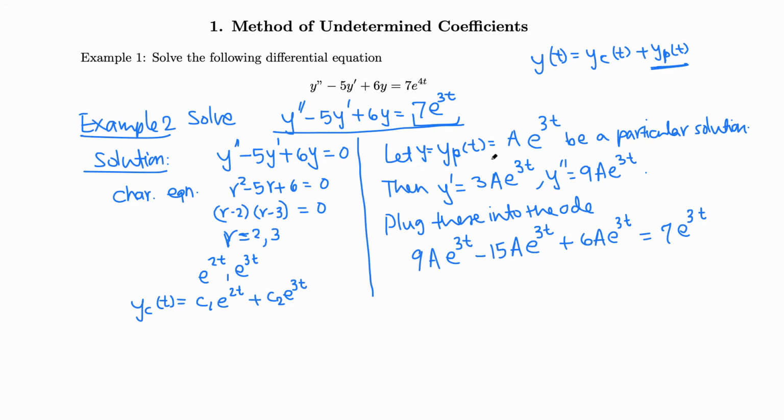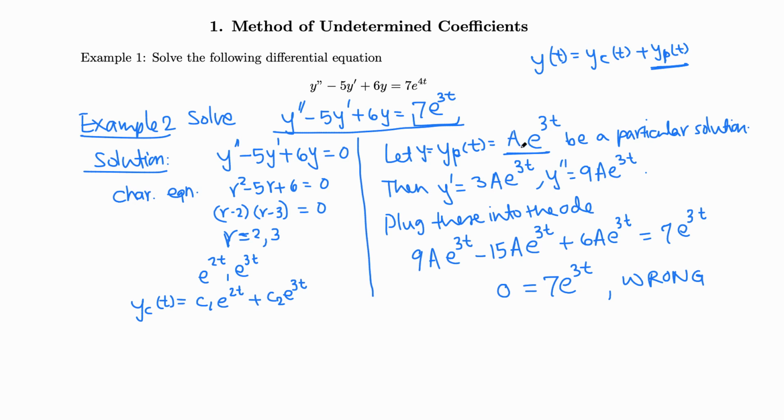Now we are trying to find the value of a, that's the undetermined coefficient. As soon as we find the value of a, yc plus yp will be the solution. Now it looks like we run into a problem here. 9a plus 6a, 15a minus 15a, so we got 0 equals 7e^3t. Something is wrong.